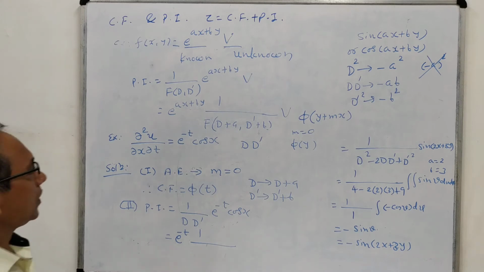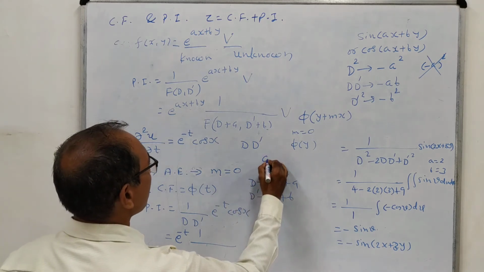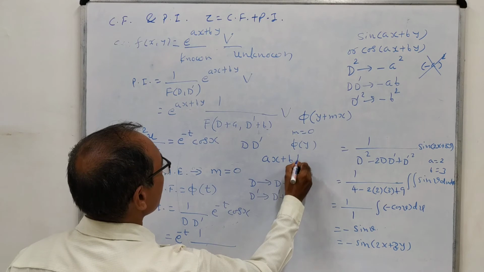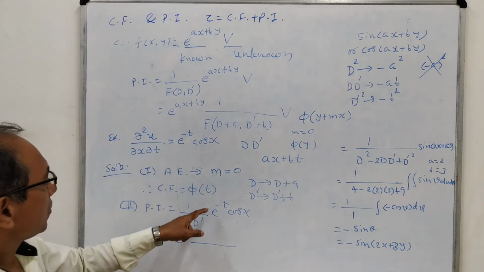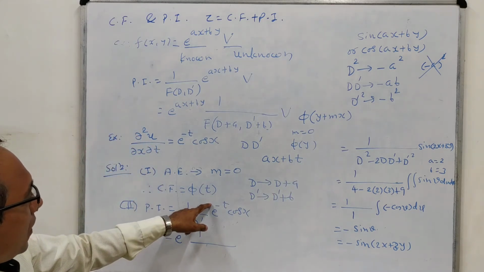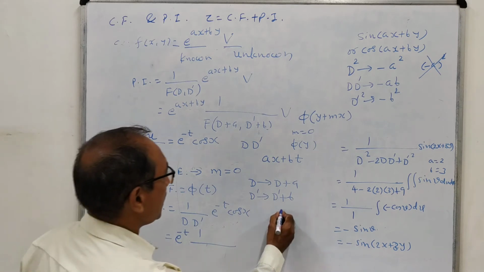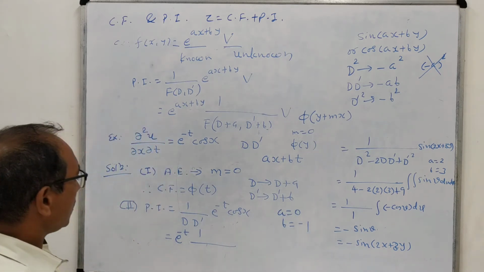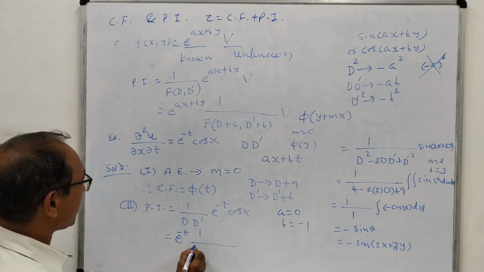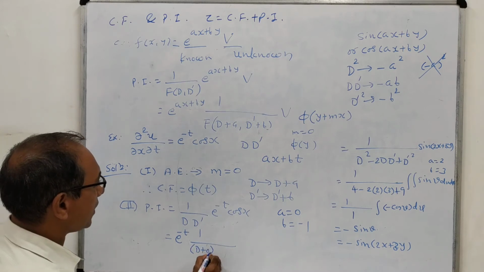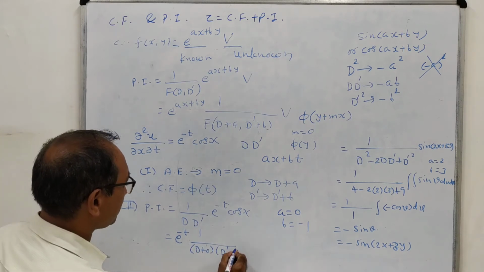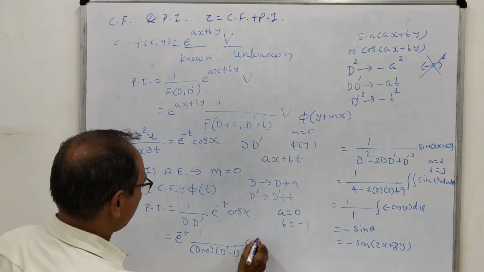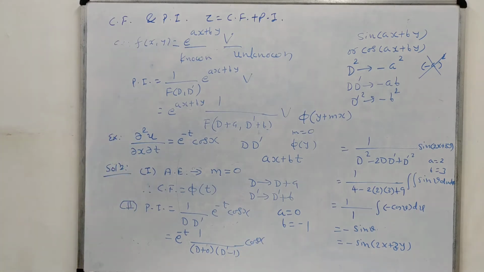Comparing with ax plus bt, a is 0 and b is minus 1. So we will replace D by D plus 0 and D dash by D dash minus 1 into cos x.